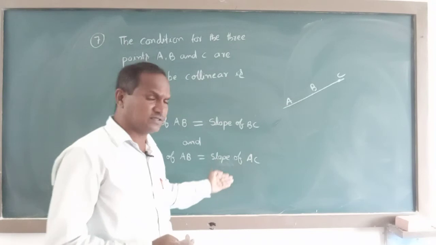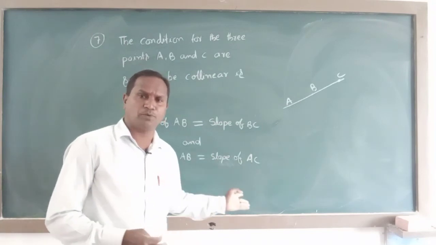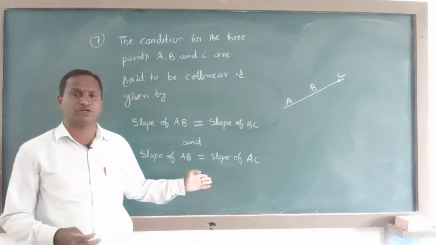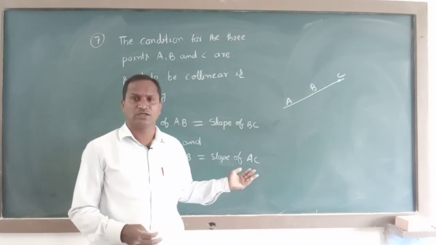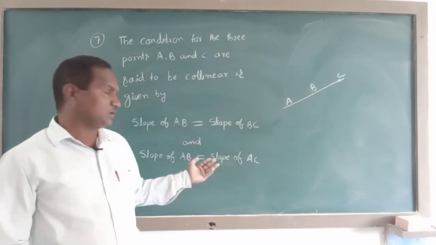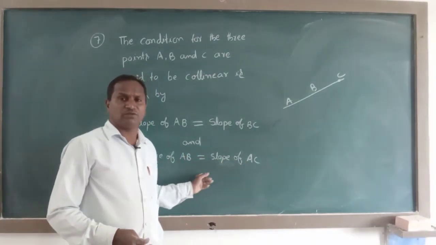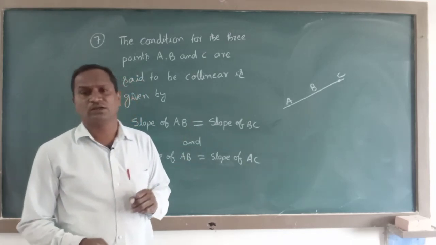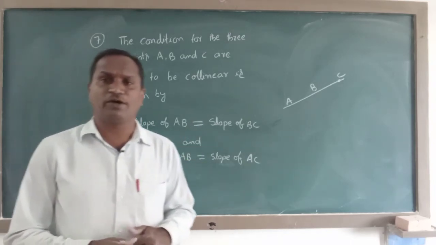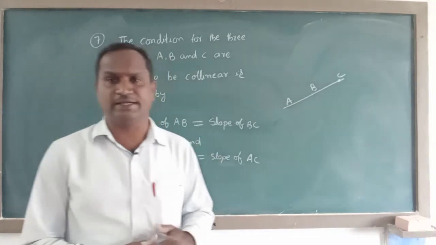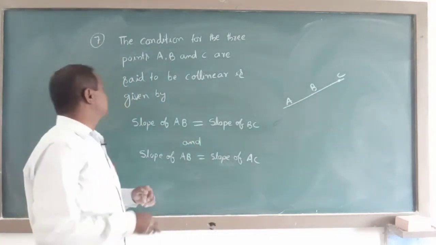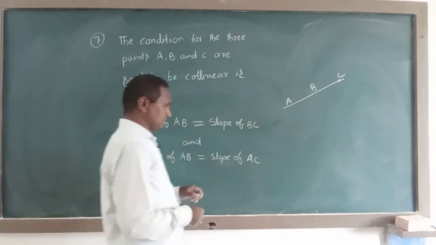Otherwise you can check by this condition also. In some problems we apply this condition also. That is why I have given one more condition to find collinear points with respect to slope conditions. Next we will discuss the last point.